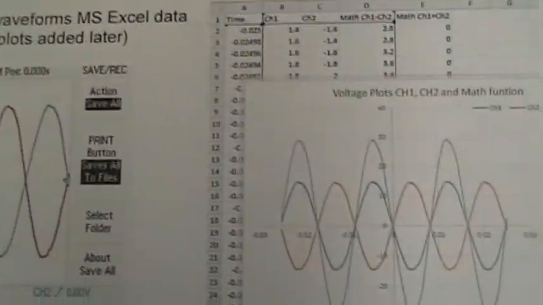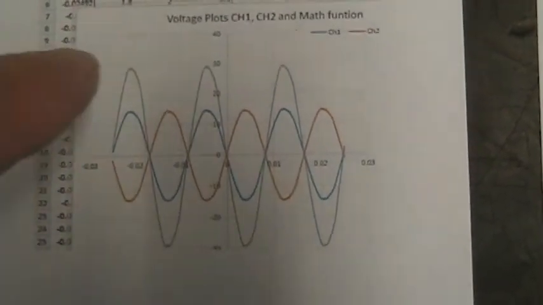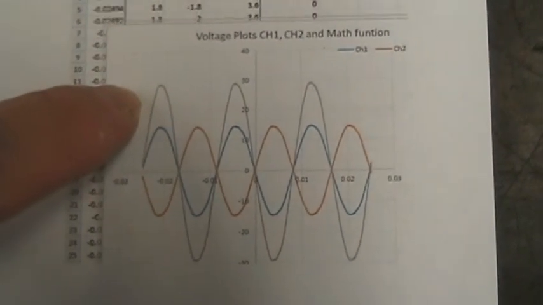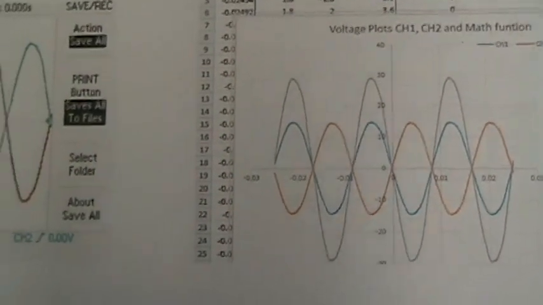And then we will see that between the two voltages, we get the larger or twice the voltage in the system. So we'll set that up on the scope and display these waveforms.